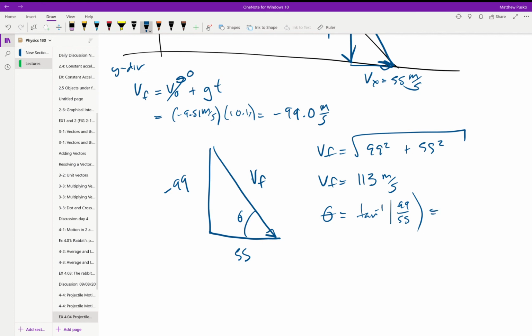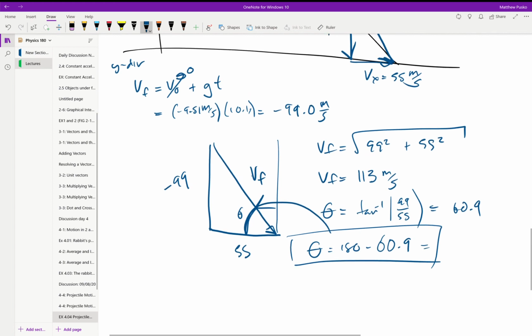So when we calculate it, we get 60.9 degrees, but this angle, if measured from the x-axis, I would say would be equal to 180 minus 60.9. Ta-da!